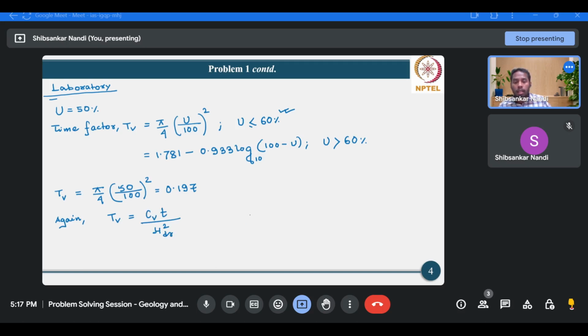Now what are these terms? So here CV is your coefficient of consolidation, T is your time, and HDR is the drainage path. Okay.